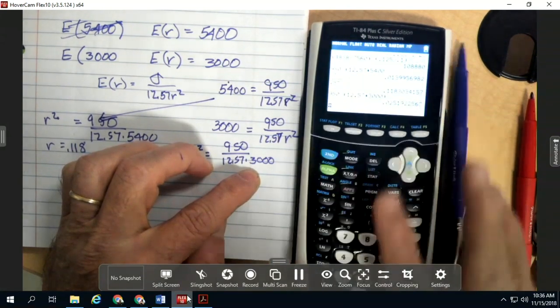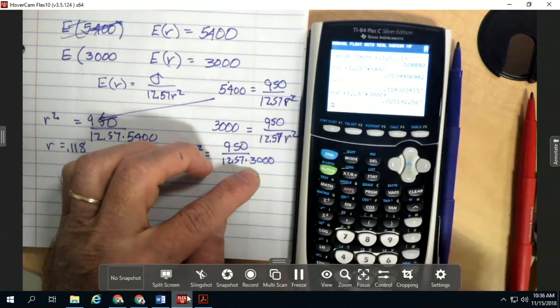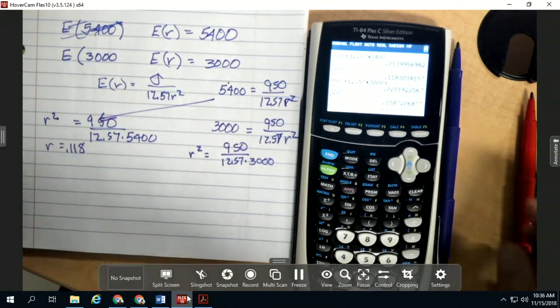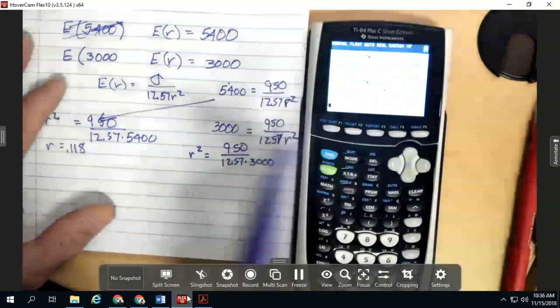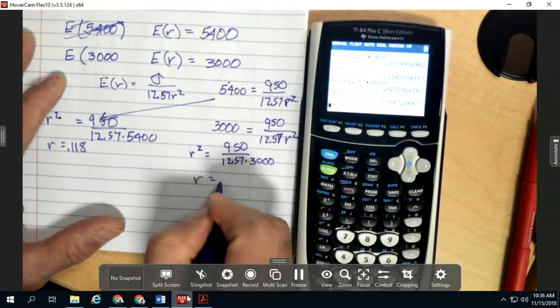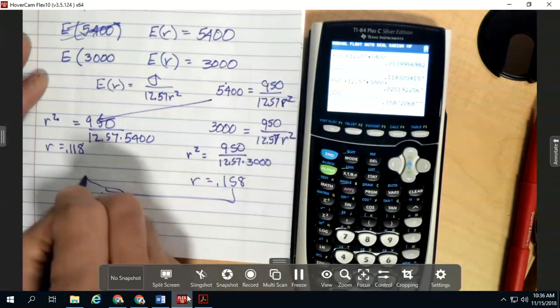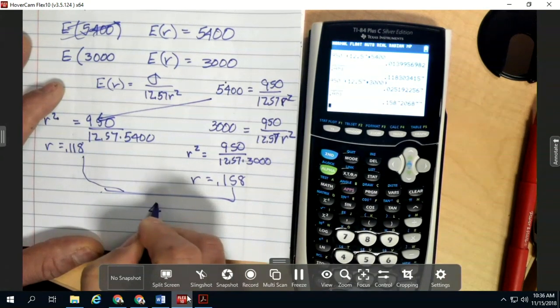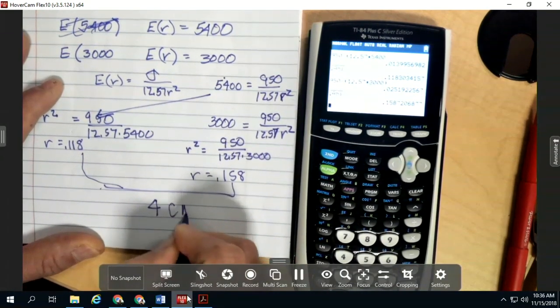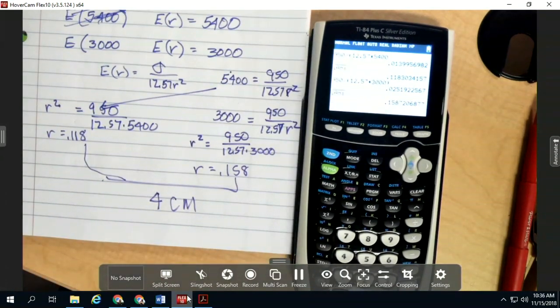And we want to get the square root of that, so second function square root, second function answer. And we get 0.158. So it looks like we move it about 4 centimeters to increase the light source by that amount.